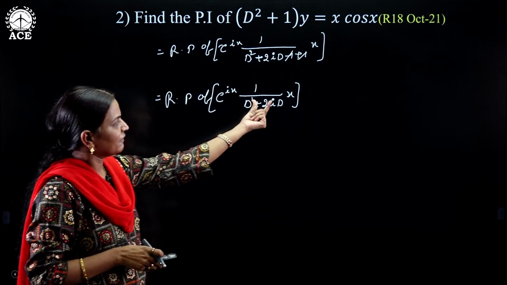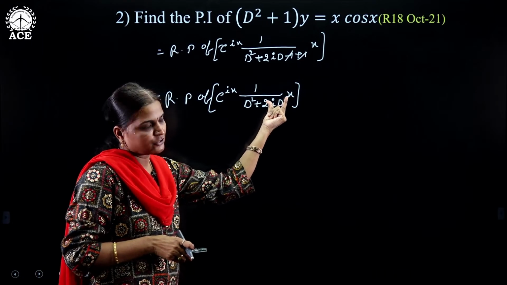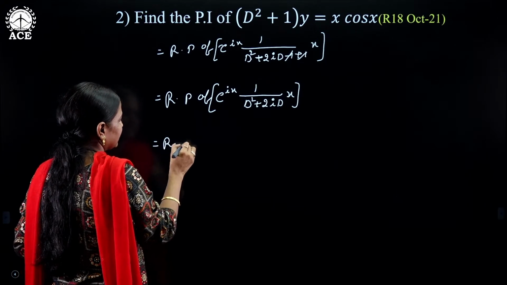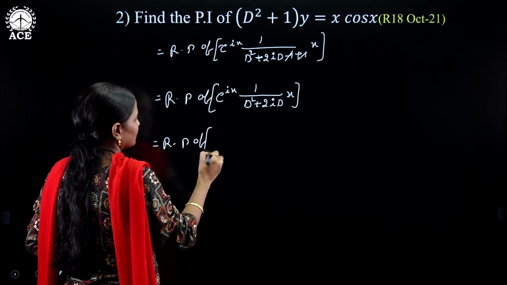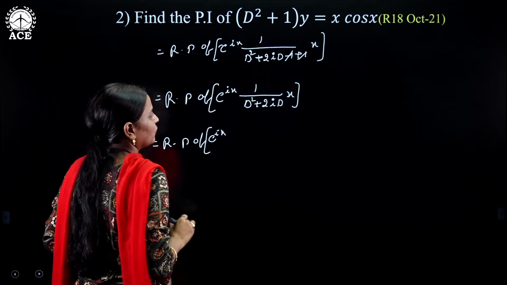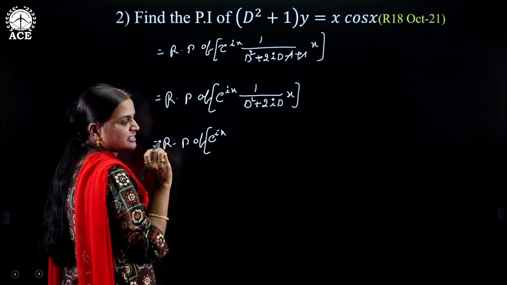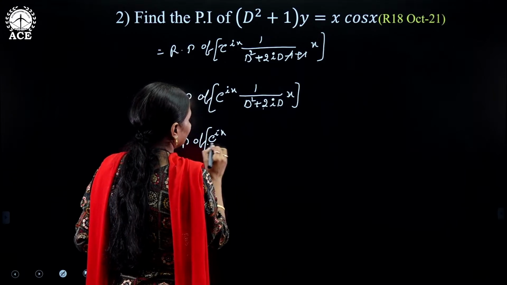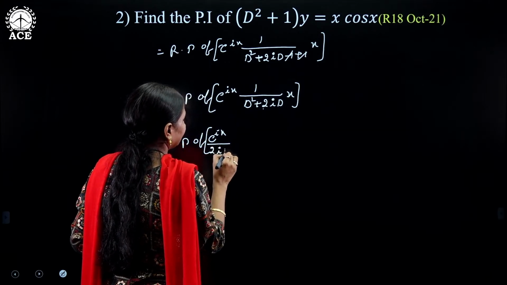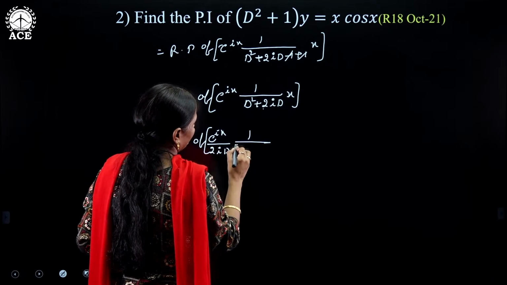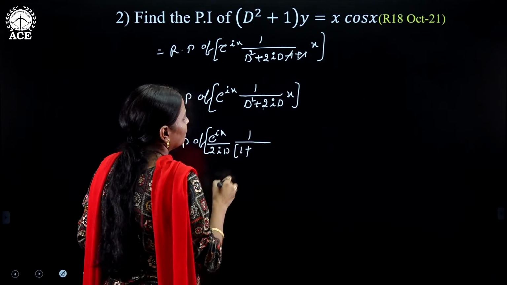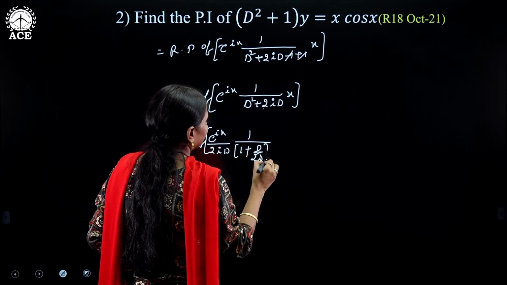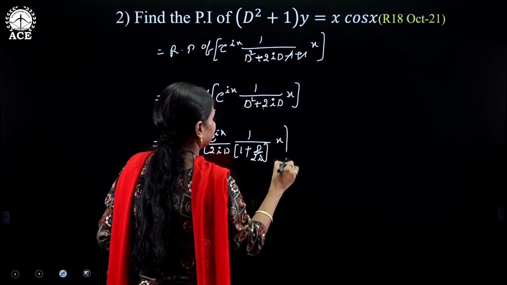Here again, apply which method? The third method. What is the third method procedure? Reduce 1 by f of D to the form 1 by 1 plus or minus phi of D by taking out the lowest degree term. Here, what is the lowest degree term? 2iD. If we take that term outside, it can be written as 1 plus D by 2i into x.